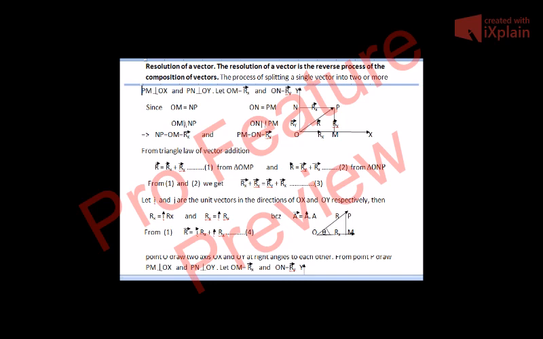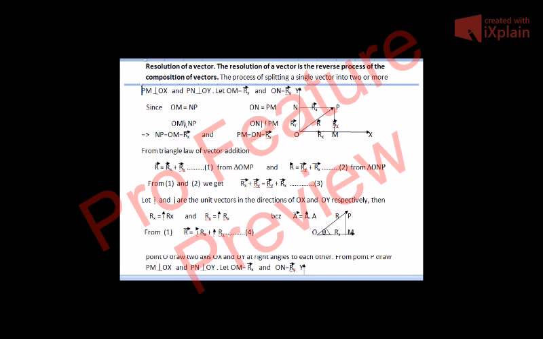Since OM is equal to NP and ON is equal to PM, you can see from the figure, OM is parallel to NP and ON is parallel to PM. This implies NP is equal to OM, which is equal to Rx, and PM is equal to ON, which is equal to Ry. From triangle of vector addition, we know that R is equal to Rx plus Ry.